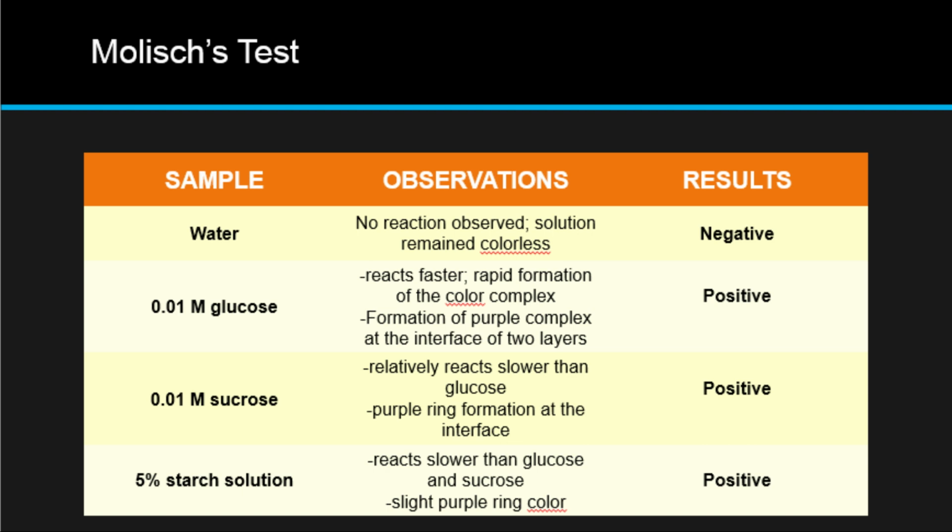Thus, in the experiment, it was observed that glucose reacts faster since it is a monosaccharide. Sucrose and starch react slower than glucose. Why? Because unlike monosaccharides, both disaccharides and polysaccharides need to undergo hydrolysis of their glycosidic linkages to break the sugar molecules into monosaccharides.